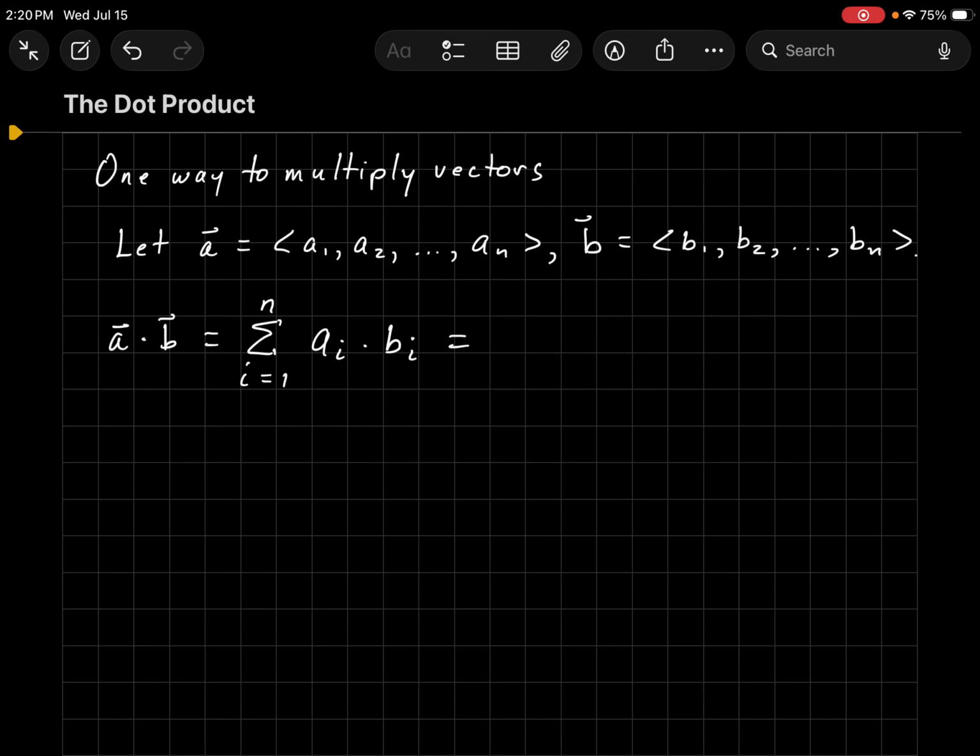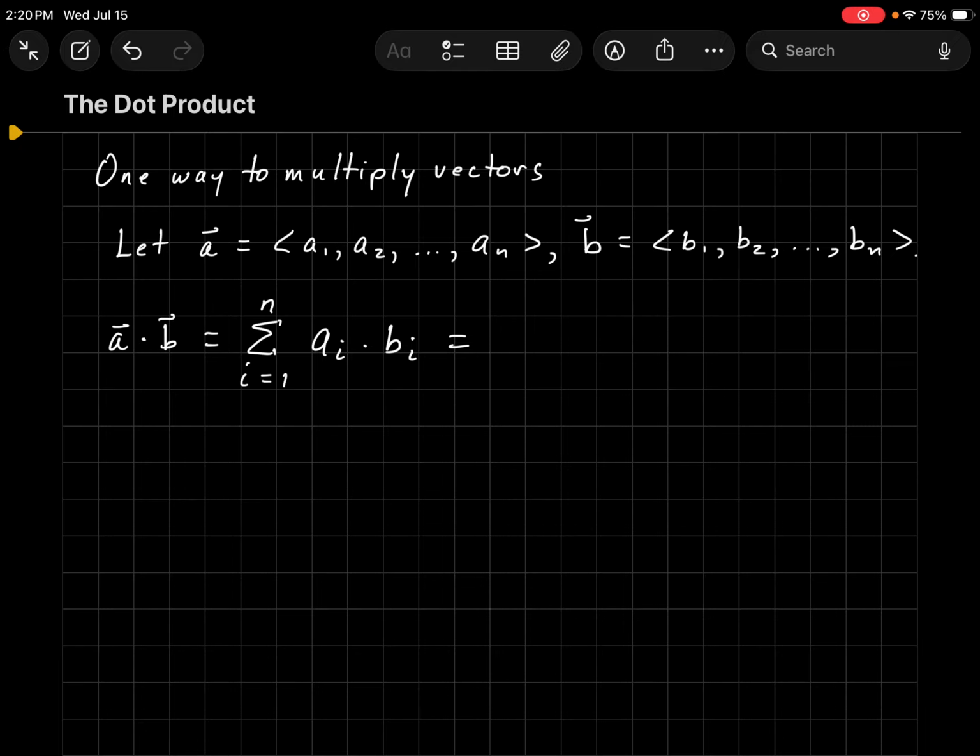But consider the vector A, which is the vector A1, comma A2, comma all the way out to A sub n, so an n-dimensional vector. And then B is the vector B1, comma B2, all the way out to B sub n, so the same dimensional vector.